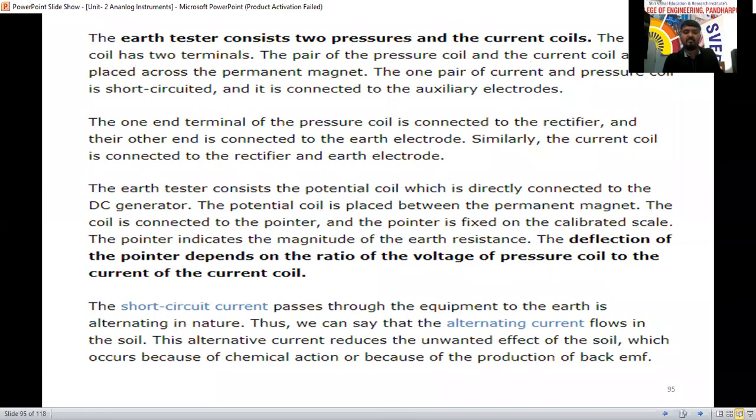I will ask one question. All of you are staying in a home now. How many of you have earthing in your houses? Just raise your hand. I'll check. 1, 2, 3, 4, 5, 6, 7.